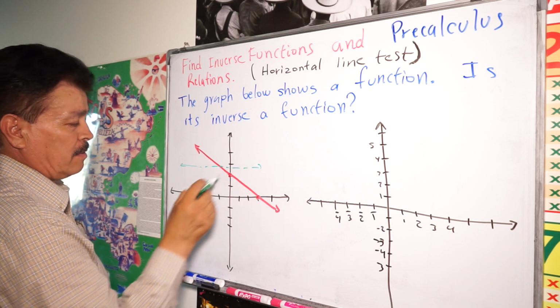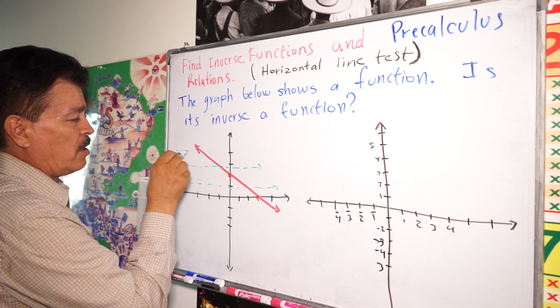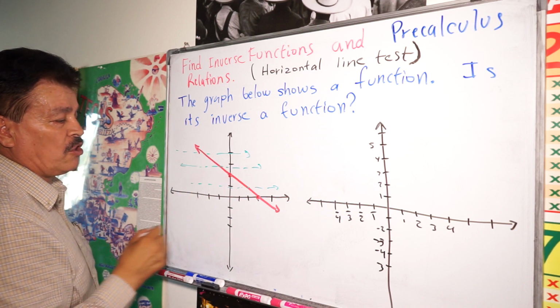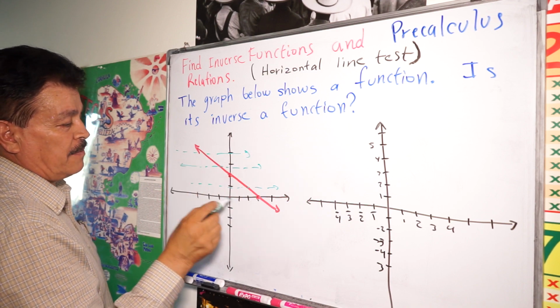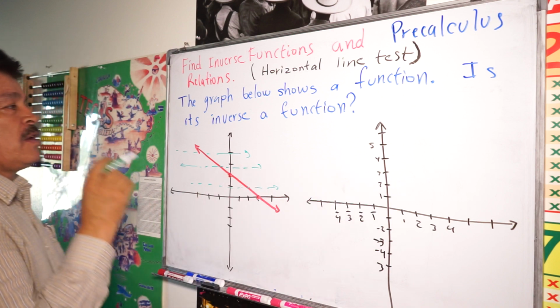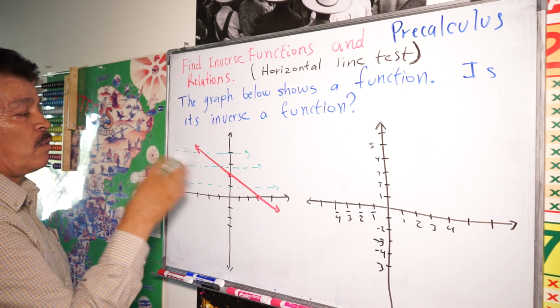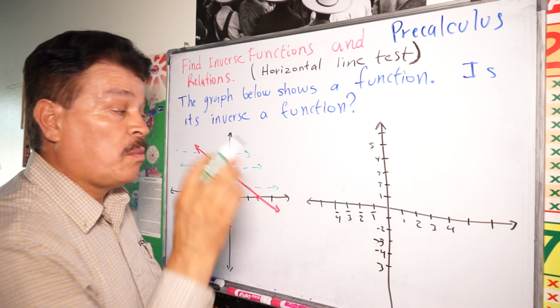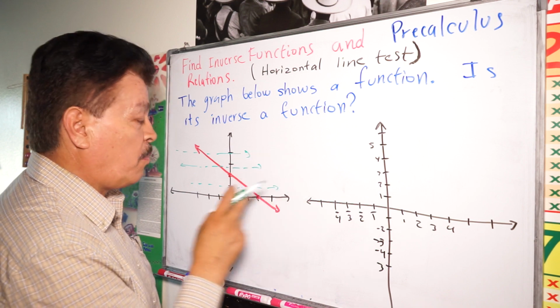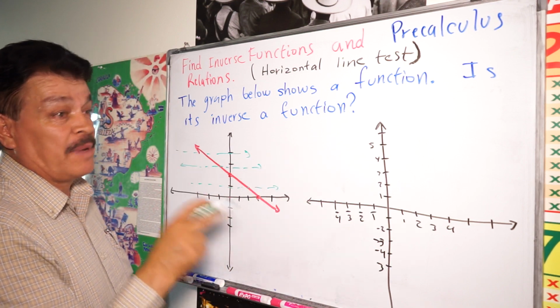Okay, another one here. How many points touch? This is a horizontal line. So when horizontal lines touch more than one point on the graph, the function is not an inverse function.